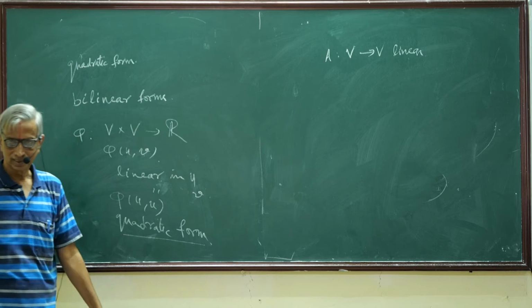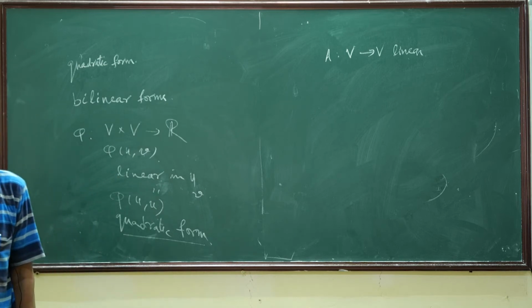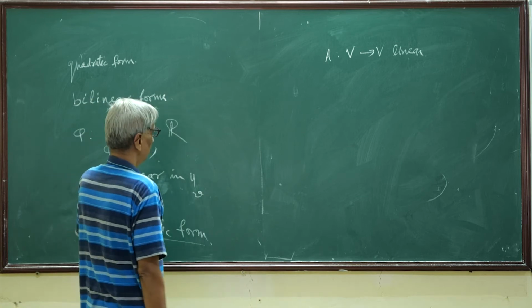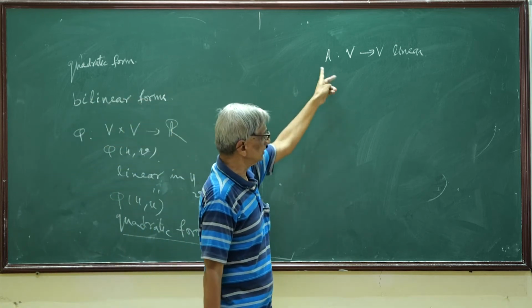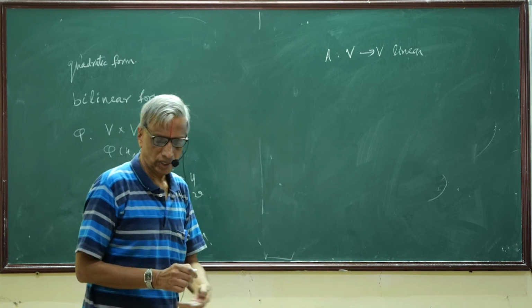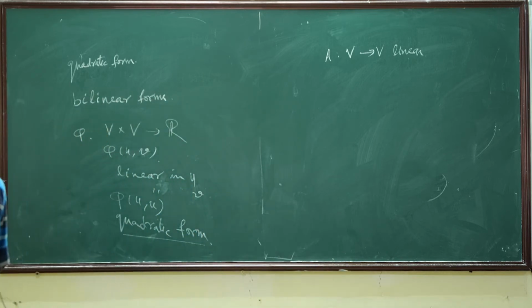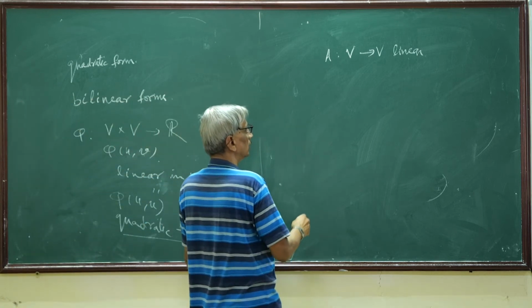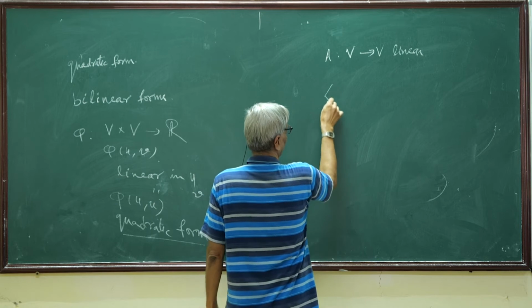You will still get a bilinear form. When you want to look at the corresponding quadratic form, you take V equal to U. But the thing which is of interest to us is just when you have a single linear map like this, and look at the corresponding inner product.